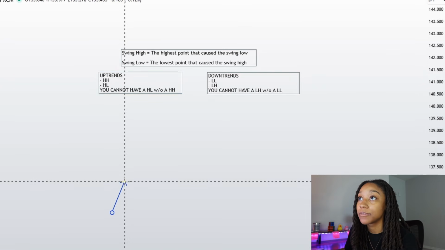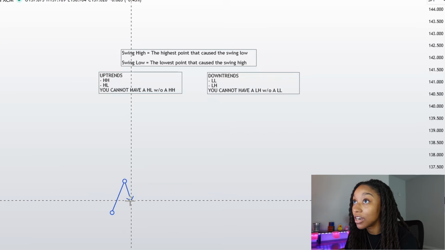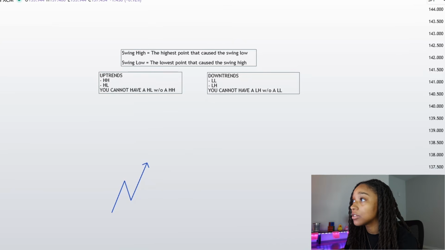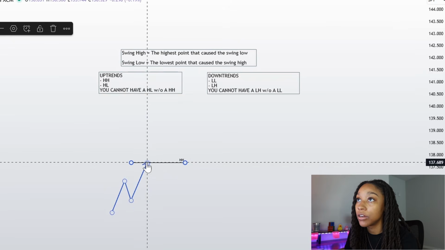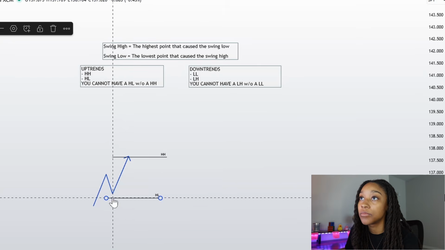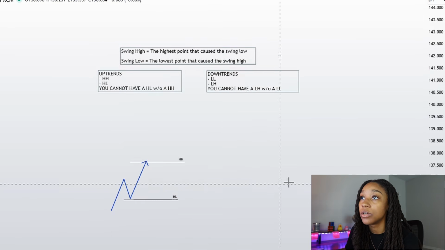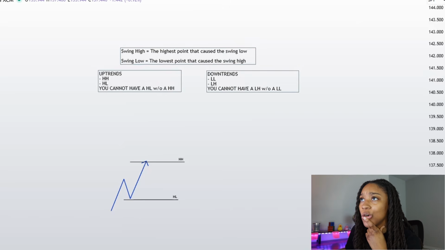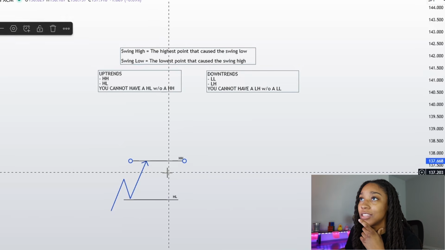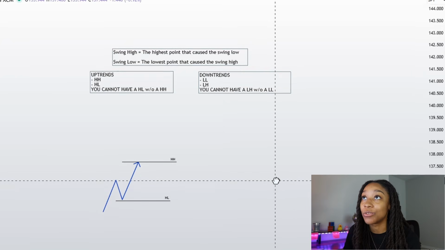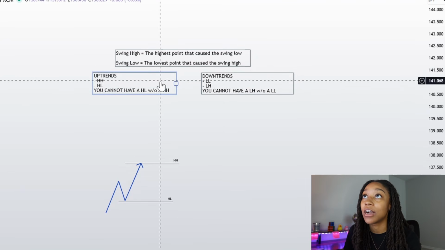Make a higher high, potential higher low, and then official higher high. So I can say, okay, this is my new higher high, and this is my new higher low. Cool. So how do I know when this trend has changed? How do I know when this uptrend is over? Again, the definition: what is an uptrend? You can only have higher highs and higher lows.